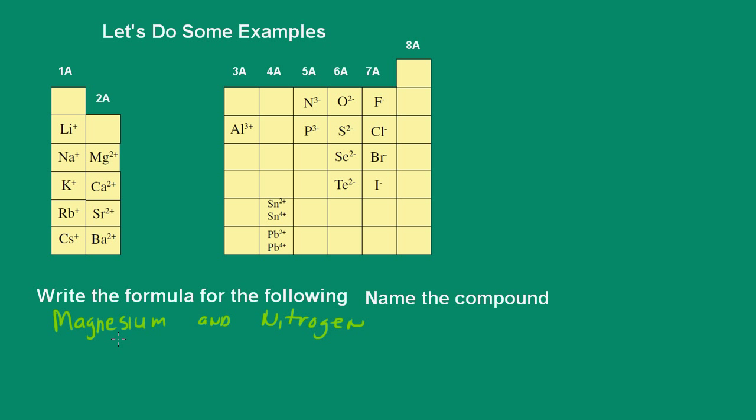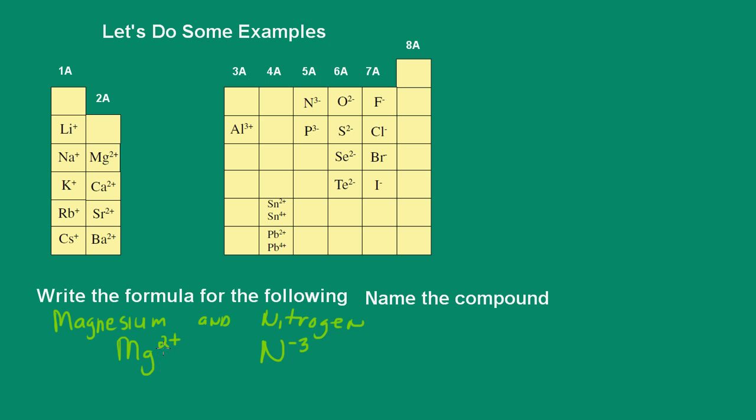Now, we know that magnesium is in group 2A and will form a +2 ion. And then nitrogen is the nonmetal. Remember, nonmetals tend to gain electrons, and this has a -3 charge.